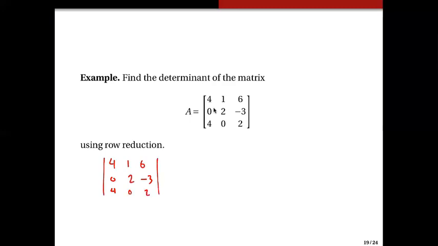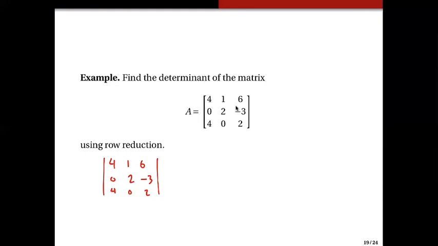Now, our goal here is to do a row reduction to reduce this matrix to a triangular matrix, particularly an upper triangular matrix. Why? Because as before, we have a formula for the determinant of the upper triangular matrix, just the product of those diagonal entries.